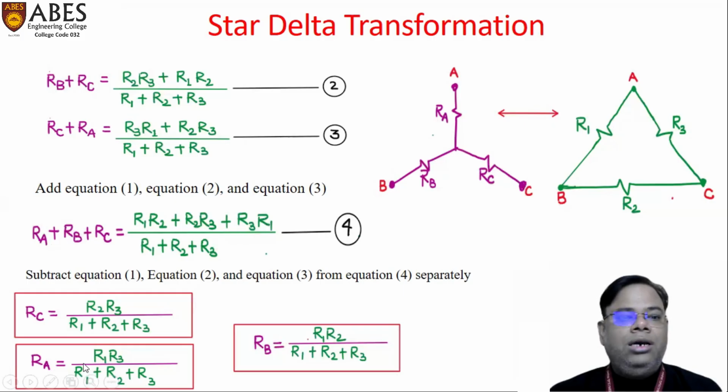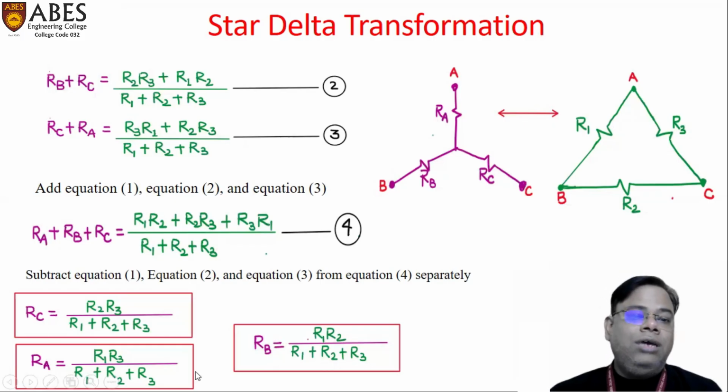RA would be R1 into R3 divided by R1 plus R2 plus R3. Now, subtracting equation number 3 from equation number 4, the remaining term of the left hand side would be RB. The value of RB would be R1 into R2 divided by R1 plus R2 plus R3.